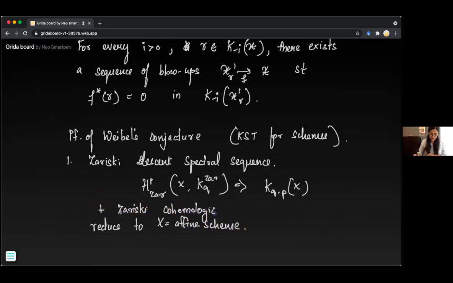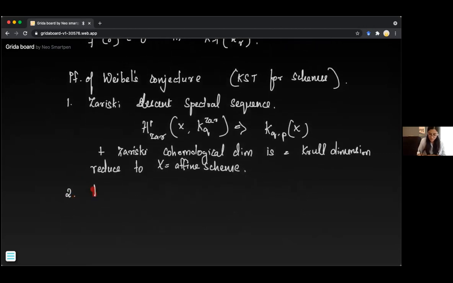So that says that all these cohomologies would vanish above the dimension, and this is important for reducing to the local thing, that you want the higher cohomologies to vanish.